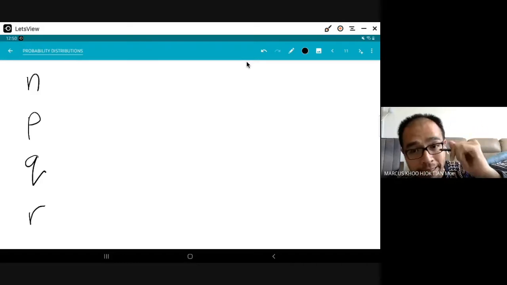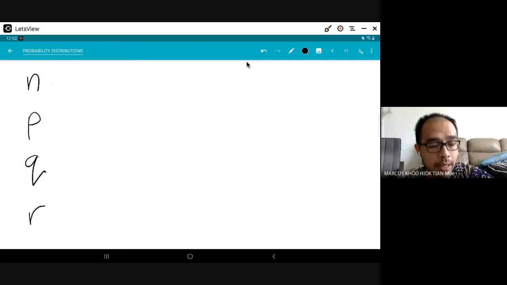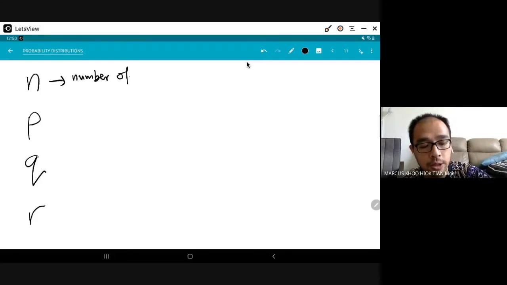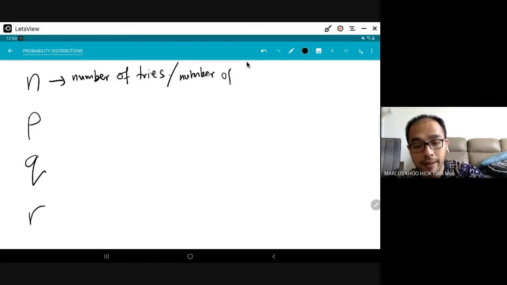So the N is the number of tries, or in a tree diagram, the number of levels in the tree diagram.